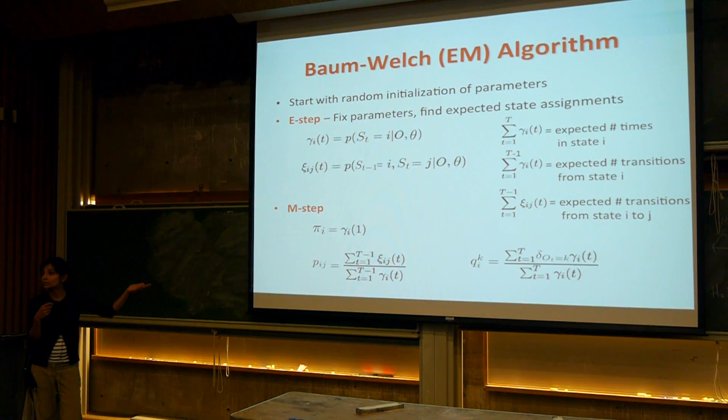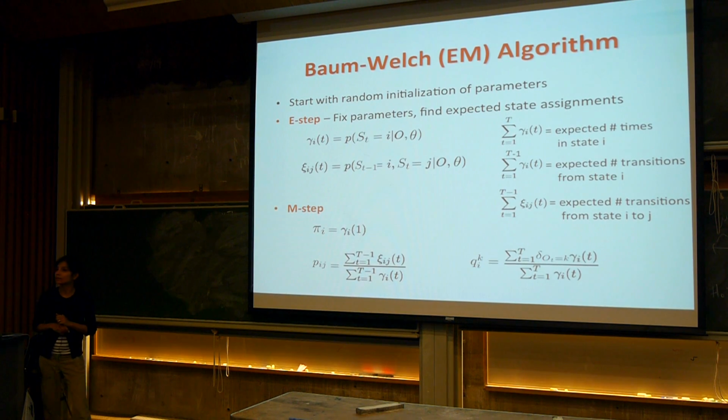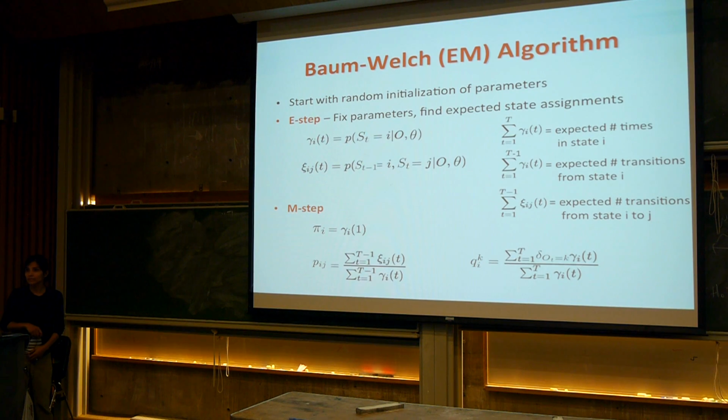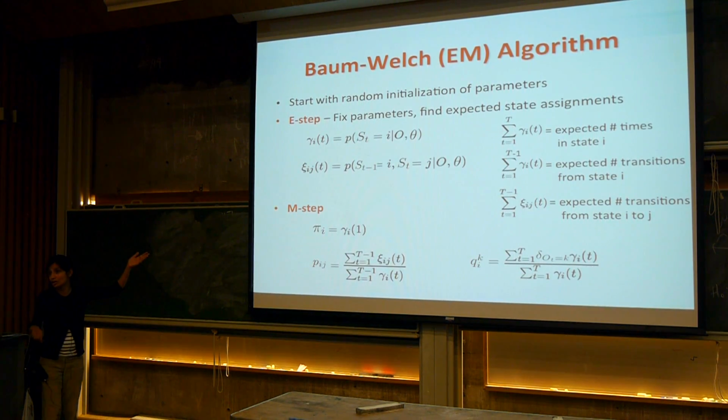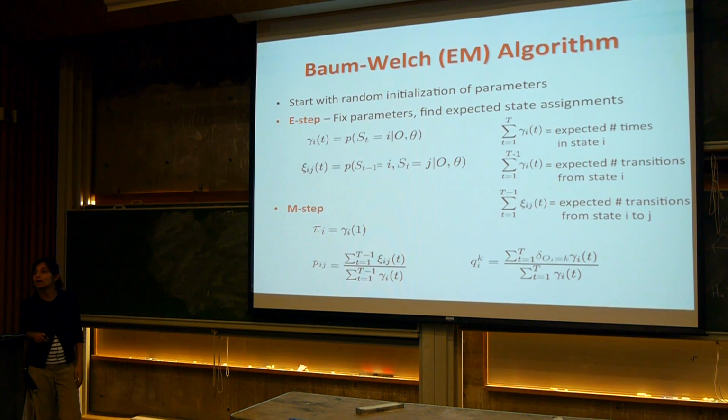That gives you the probability of being in state i and outputting k. Okay? So these are the steps in your EM algorithm, and it's known as Baum-Welch when we talk about it in the context of learning the parameters of a hidden Markov model. So this is another example of using EM.